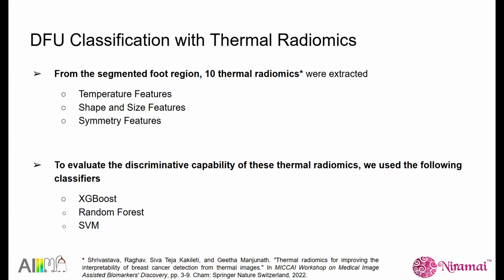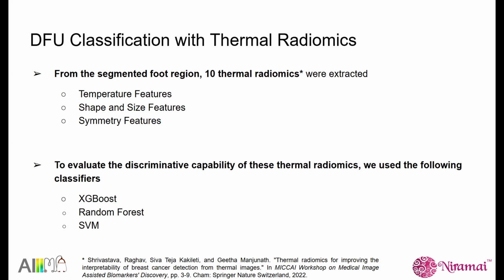The next stage is the DFU classification with the thermal radiomics. So for the segmented foot region, once we obtain the region, we extract the thermal radiomics given in the paper. This radiomics relates to the temperature features. Here we identify the abnormal region or the hotspot regions, which are very critical in identifying foot ulcers.